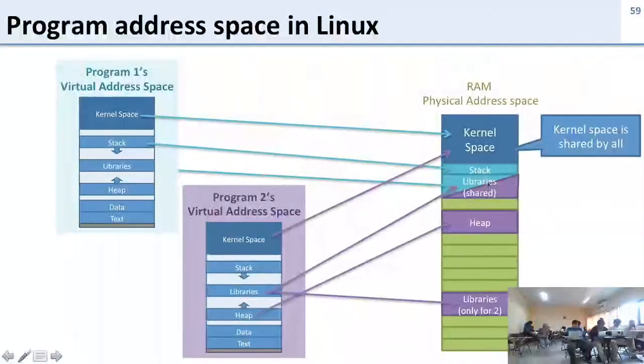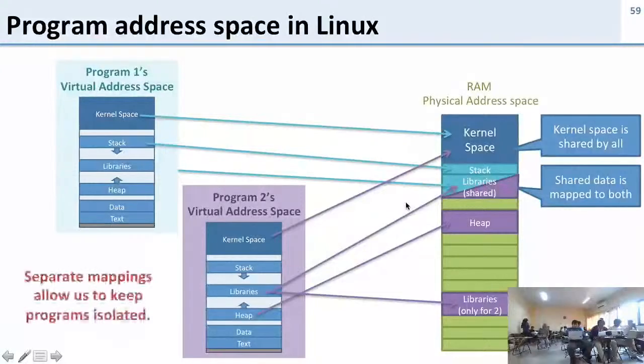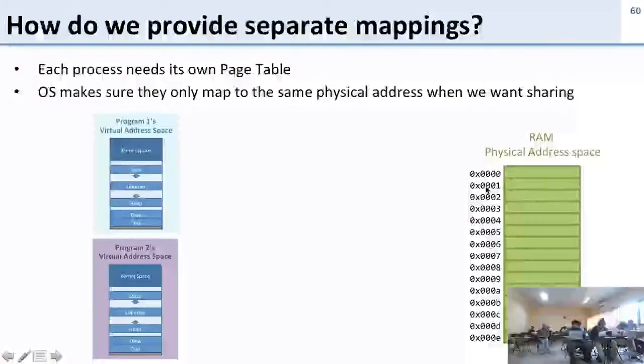So here they can both share these shared libraries, but the stack for this program up here is not accessible from program 2's address space because it has no page table entry which will get it to this location. So we have these separate mappings that allow us to keep programs isolated, but we can also use these mappings to share data, as we showed here.